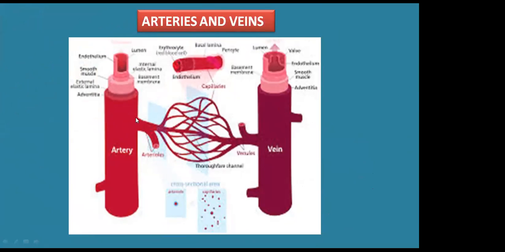It means arteries always end with capillaries. These capillaries further branch and then unite to form venules. Venules further unite to form large veins. It means veins always begin with capillaries, whereas all arteries always end with capillaries.